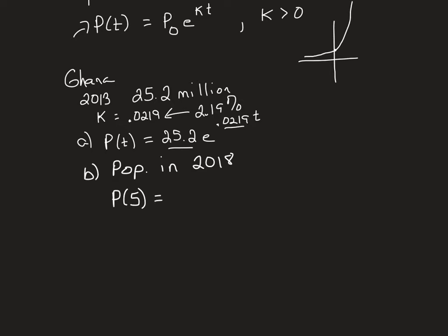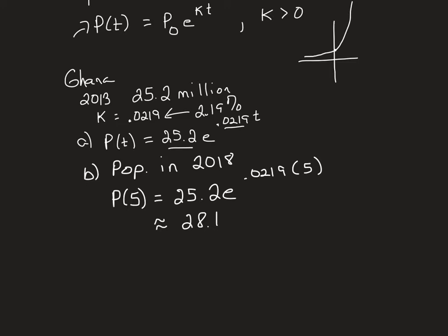So our equation is the population at 5 is equal to 25.2 e to the 0.0219 times 5, and that's just a calculator answer. We plug that into the calculator, and you should get that this is approximately 28.1.